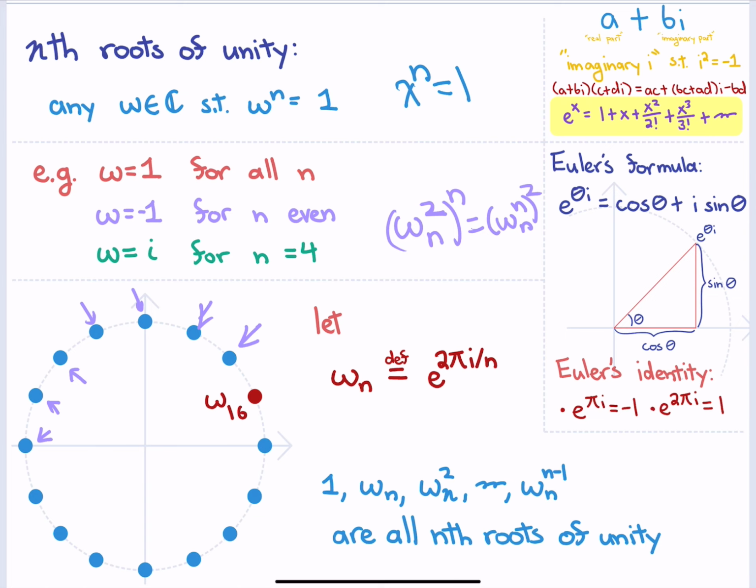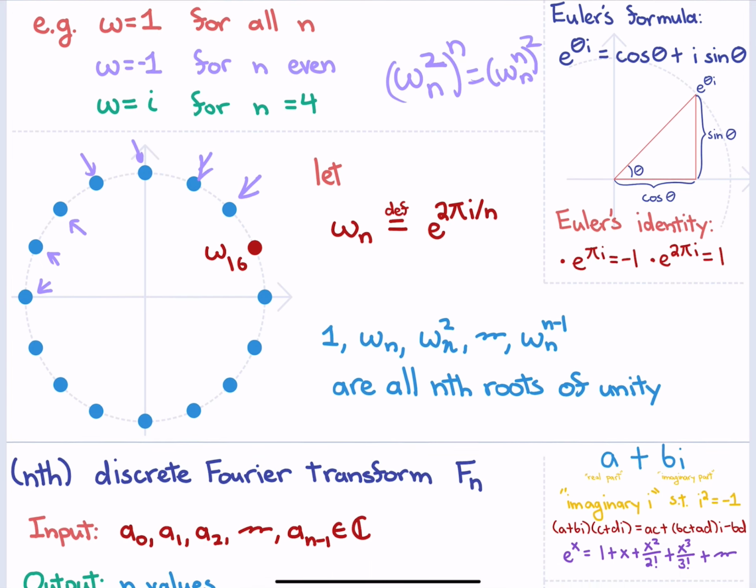So as soon as I find those n roots of unity, I know I found all of them, because you can factor it. So those are the n roots of unity, which is really just chopping up this circle like a clock. Somehow this is going to be very useful.